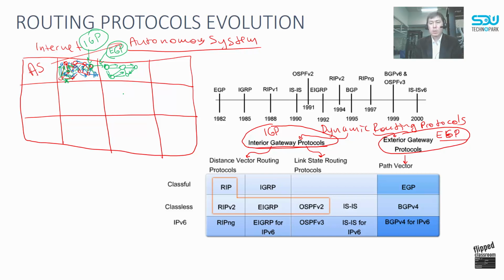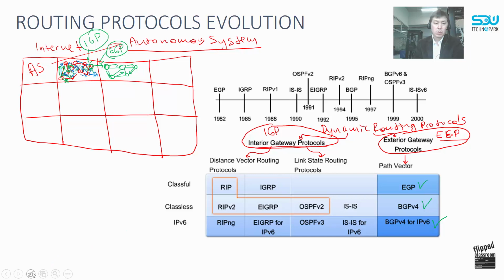Then, in our course, we don't have much information about EGP protocols. Here we have examples like the EGP protocol, like BGP protocol version 4 and BGP version 4 for IP version 6 protocols.